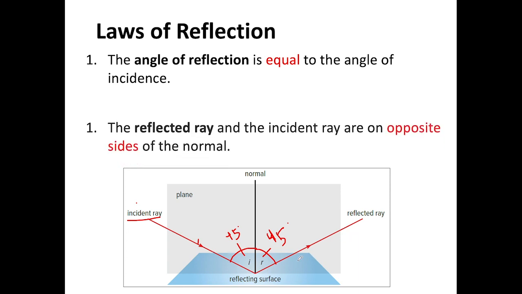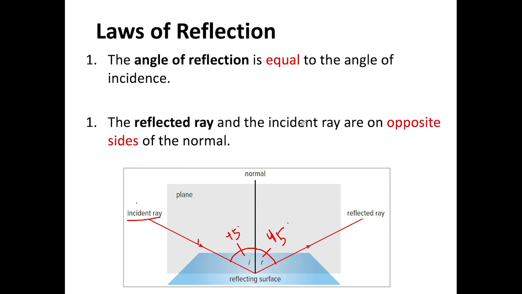The reflected ray and the incident ray always lie on opposite sides of this thing called the normal. So the normal, if I drew a straight line where my reflecting surface was, the normal is at a 90-degree angle, so it's perfectly perpendicular.